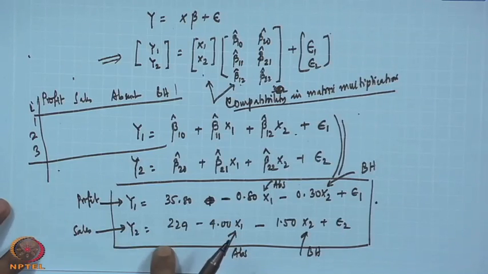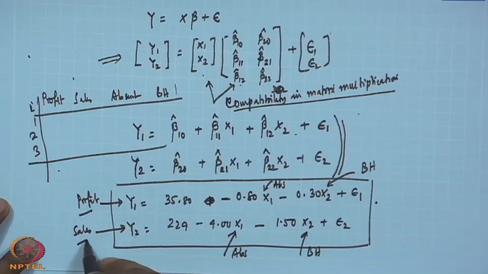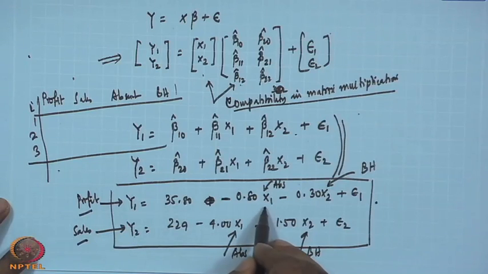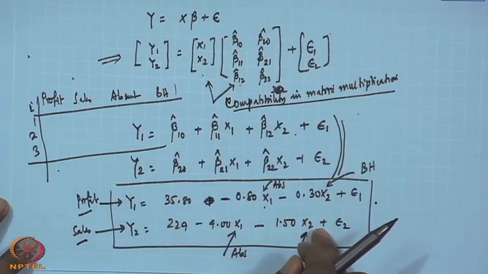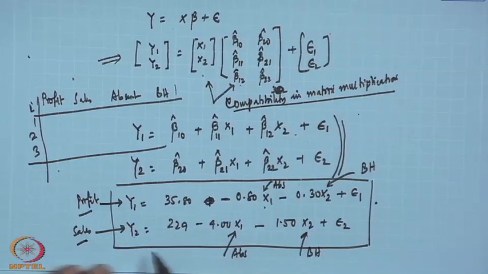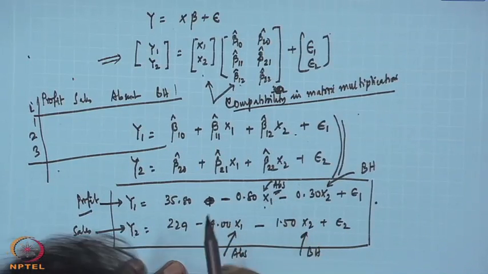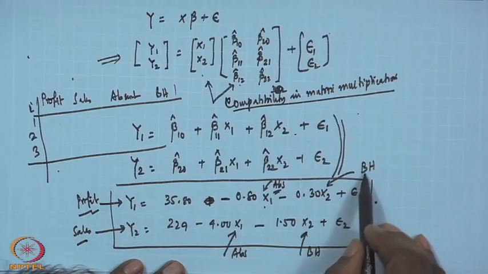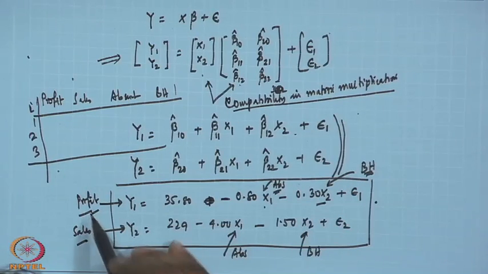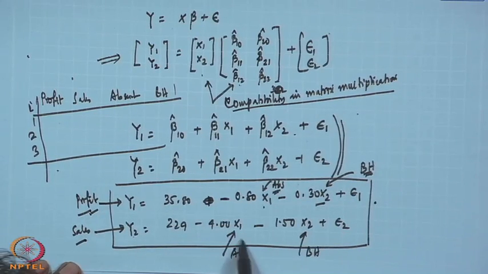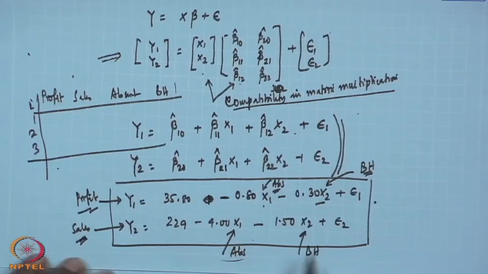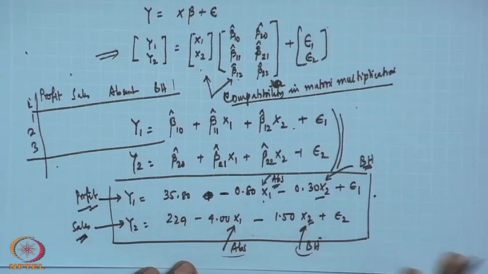So, in multiple regression, although on the y side, y1 and y2, profit and sales, are different variables, on the x side they will be the same variables for both equations. If absenteeism increases, profit will go down, if breakdown hours increase, profit will go down, if absenteeism increases, sales also will go down, if breakdown hours increase, this also goes down.